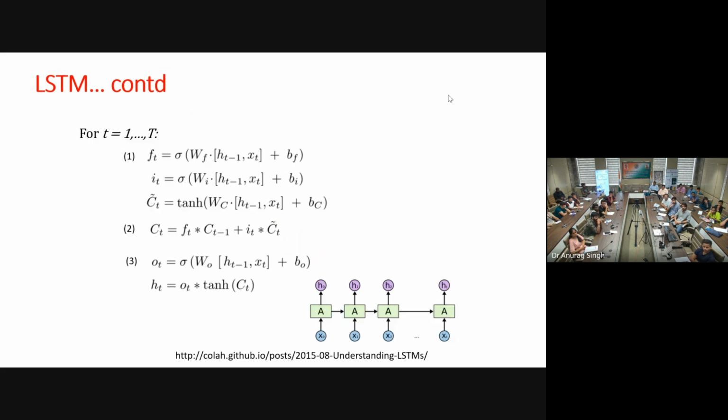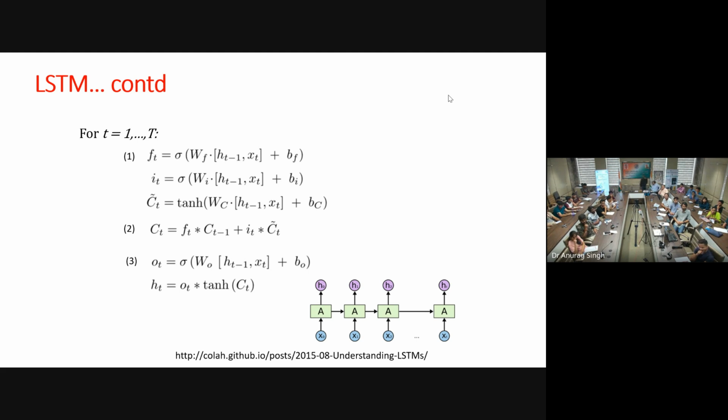So this can be written in terms of an algorithm. Once you know what you are doing, you are given a set of samples, and let's say you are going to compute up to time capital T. At t equal to 1, you are going to compute the forgetting component F1, then I1, then C1 tilde, and then C1, which is the content at time t equal to 1.